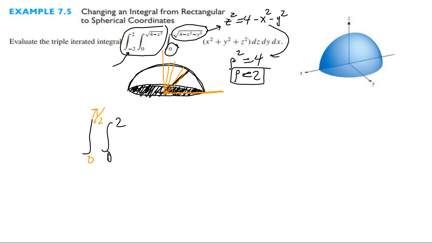This is phi equal to 0. Then go this way, this way, this way, until it covers the whole solid. Okay, the last thing is what?